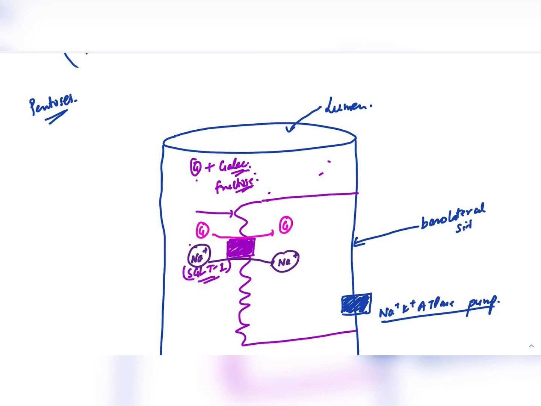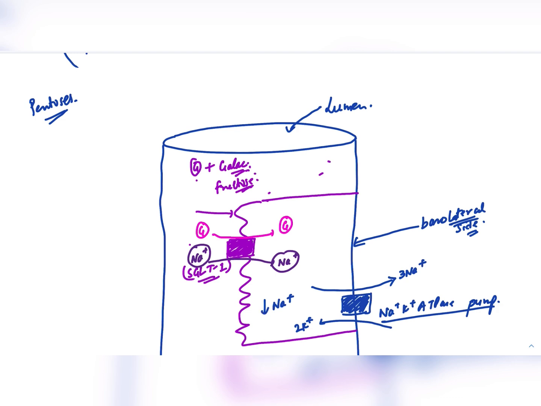What this sodium potassium ATPase pump will do is pump 3 sodium outside, and it will take 2 potassium ions inside the intestinal epithelial cell. Now when it pumps the 3 sodium ions outside, the concentration of sodium inside the intestinal epithelial cell will decrease.